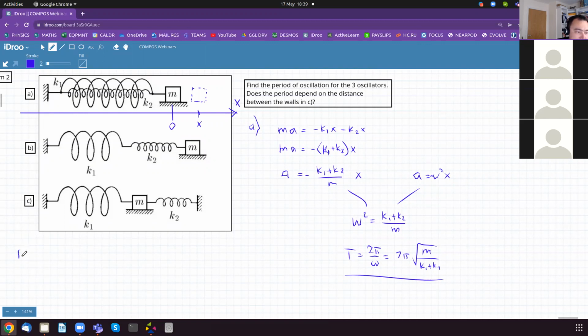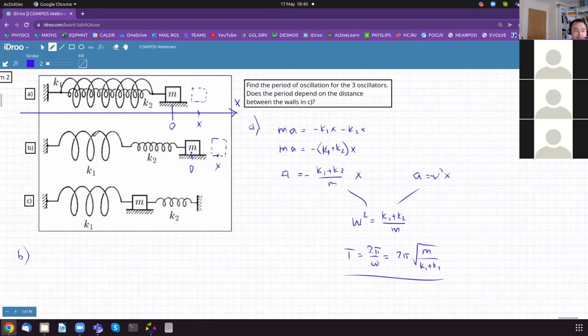Go to question B. Question B is slightly harder. So the same idea. This is 0. Displace the mass by x. Now, the force in both springs will be the same, but the extensions of the springs will be different.